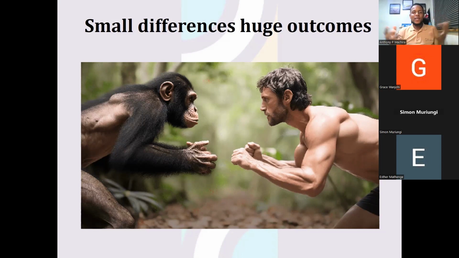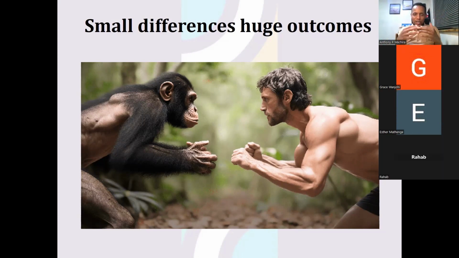Think of compound interest. Think of a 1% change in the population of China, for instance, just 1%. Think about a 1% change in the population of the world, and you have added so many people. Small incremental changes can make a huge difference. And I am challenging you to make small incremental mental changes so that you are more authentic.